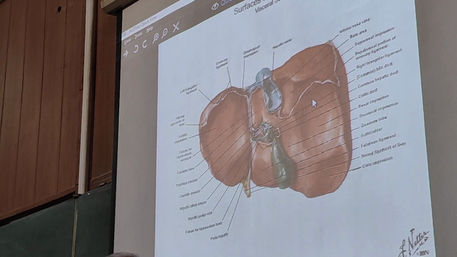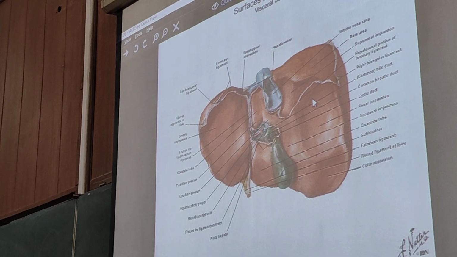Is it clear? Yes. Imagine this is the liver attached to the diaphragm. This one is the diaphragm. If I want to pass my hand back up, because of the attachment, it cannot go up. So here it reflects and comes down.